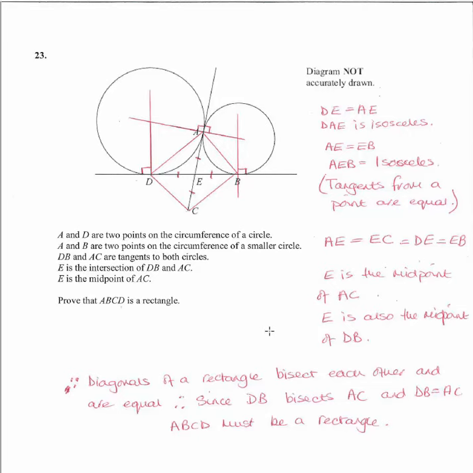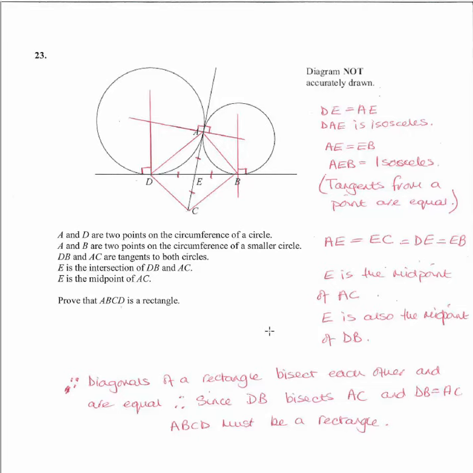Now we can also see that this is a tangent to this circle as well. And this is a tangent to this circle. So these two are also the same. So if that is the same as that, and this is the same as this, then these two are the same thing. And it tells us also that EC is the same as EA.